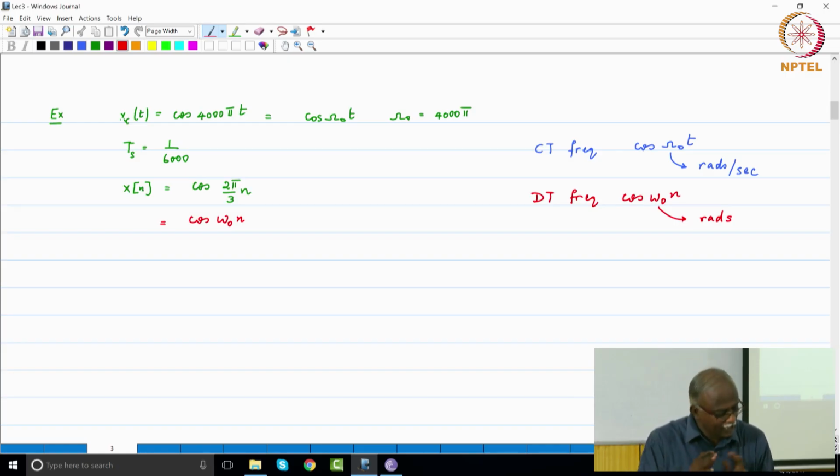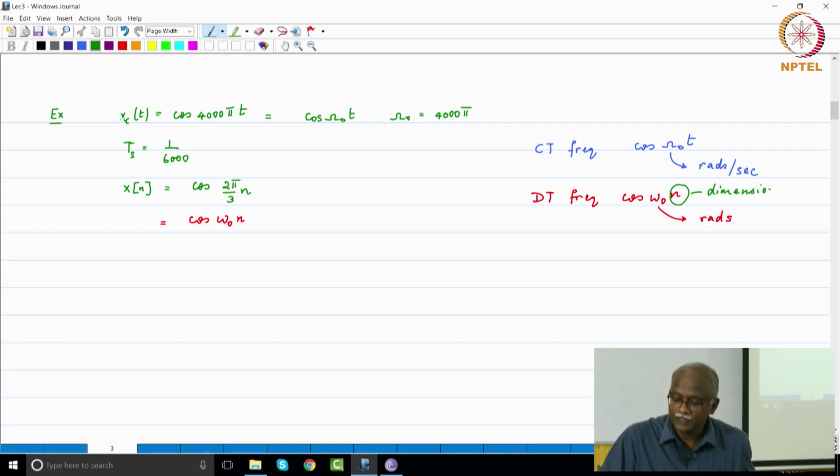Again, this is something that I am sure you would have looked at in the context of DSP, but I just want to be sure that, basically, n is a dimensionless quantity. It is just a number.